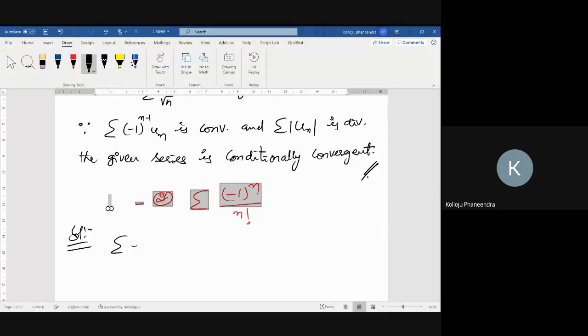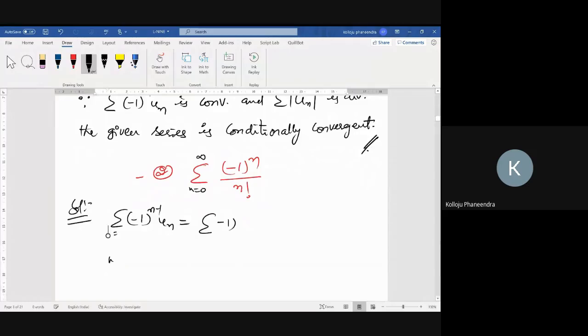Sigma minus 1 whole to the power of n minus 1 un is equal to sigma, n equal to 0 to infinity, minus 1 whole power n by n factorial, right? Here summation is given from 0.